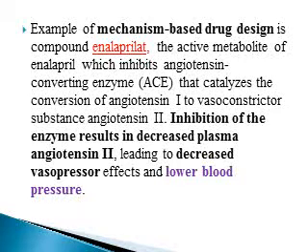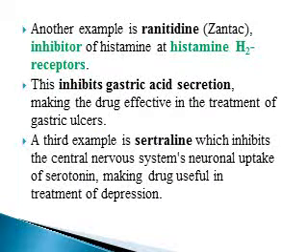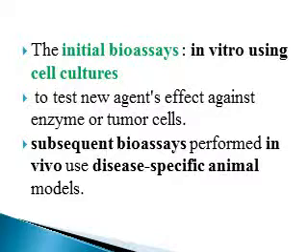We have different examples of mechanism-based drugs, like enalapril, which as you know is an angiotensin converting enzyme inhibitor, used for hypertension. Another example is Zantac, which is ranitidine, although they have now withdrawn it from the markets. This inhibits gastric acid. A third example is sertraline, which inhibits the central nervous system neuronal uptake of serotonin. The initial bioassay is in vitro using cell culture.